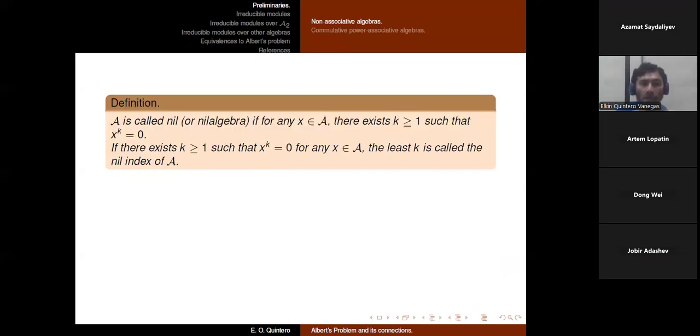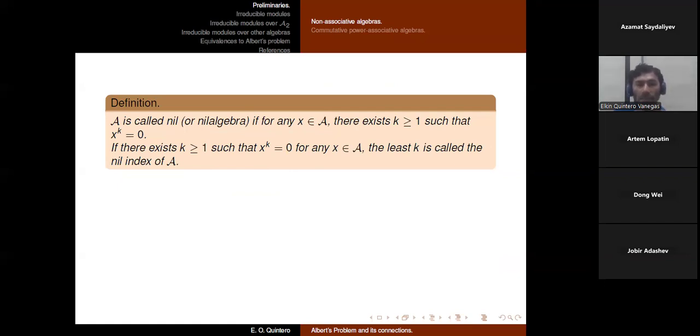If for any x in an algebra there exists some integer k greater or equal than 2 such that x to power k is 0, the algebra is called a nilalgebra.